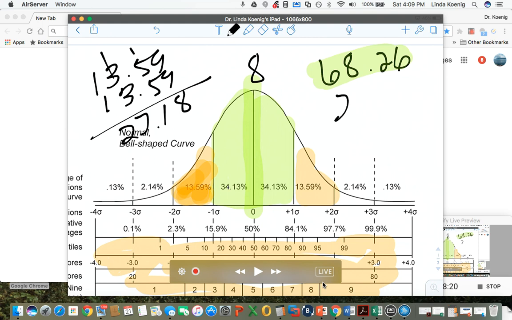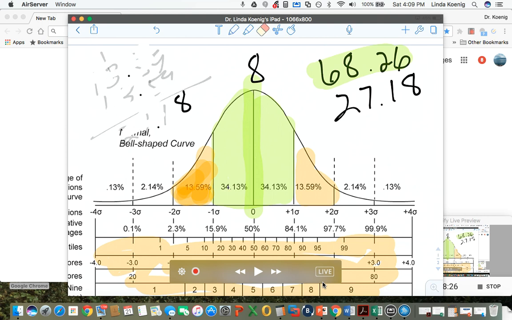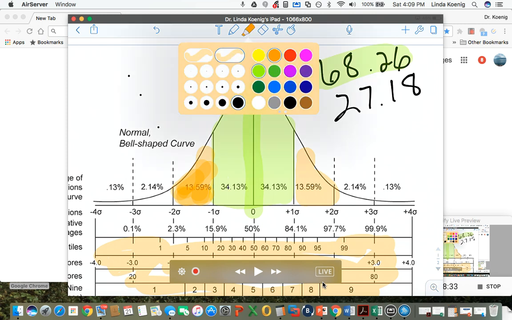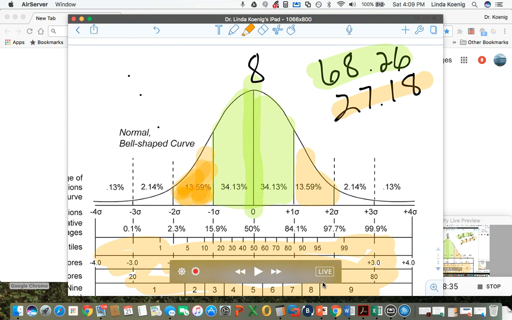So we've got 27.18. I misspoke there, sorry. Erase this. All right, so in the orange, we've got 27.18.